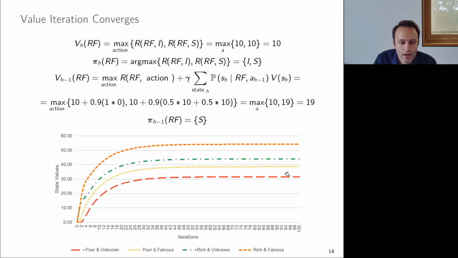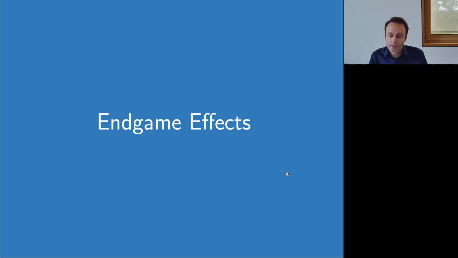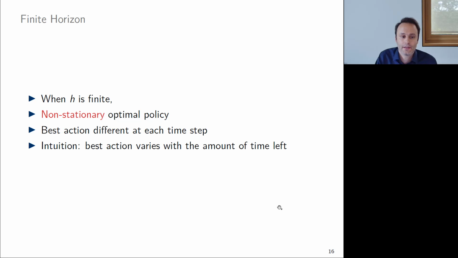And because we have a finite example here, we need to think about the time horizon a little bit, because there are endgame effects. So when the horizon is finite, we have this non-stationarity of the optimal policy. So that means that the best action differs at each time step. Well, and it's intuitive.